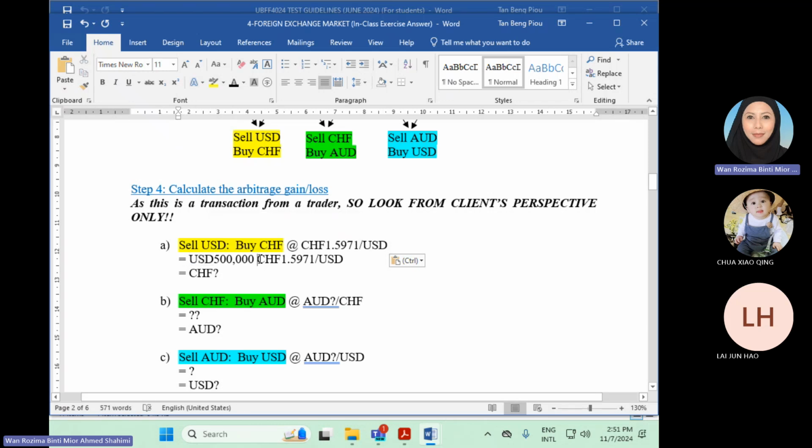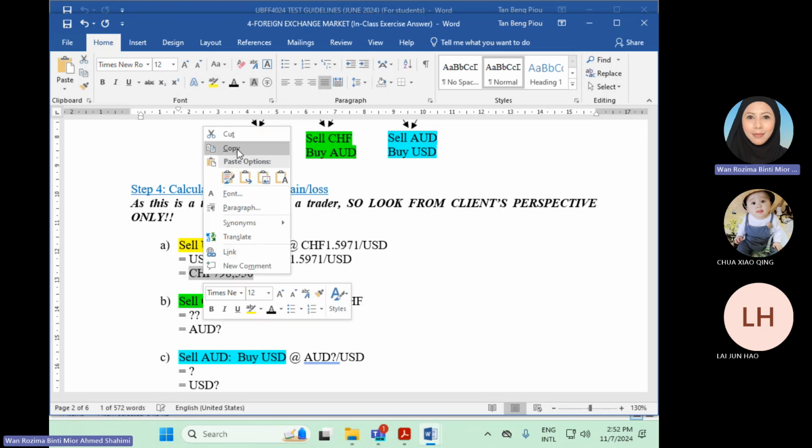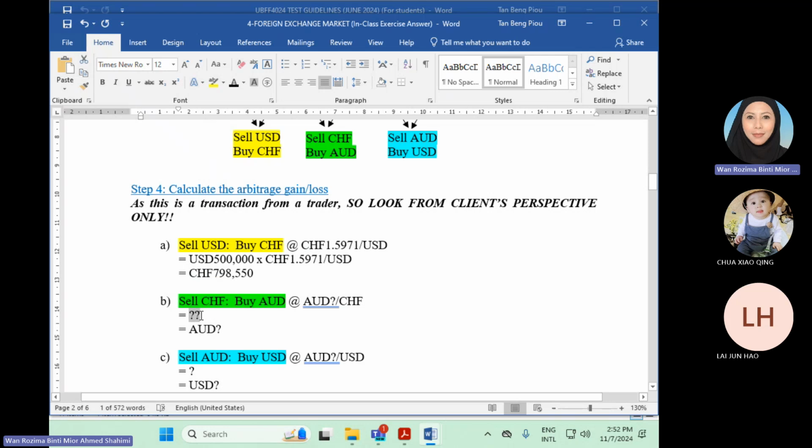So plus or times or divide? Times. That's it, and then you will get the answer. In this case, you get 798,550. Then remember, take this amount, A amount, to B steps, and then do the rest.